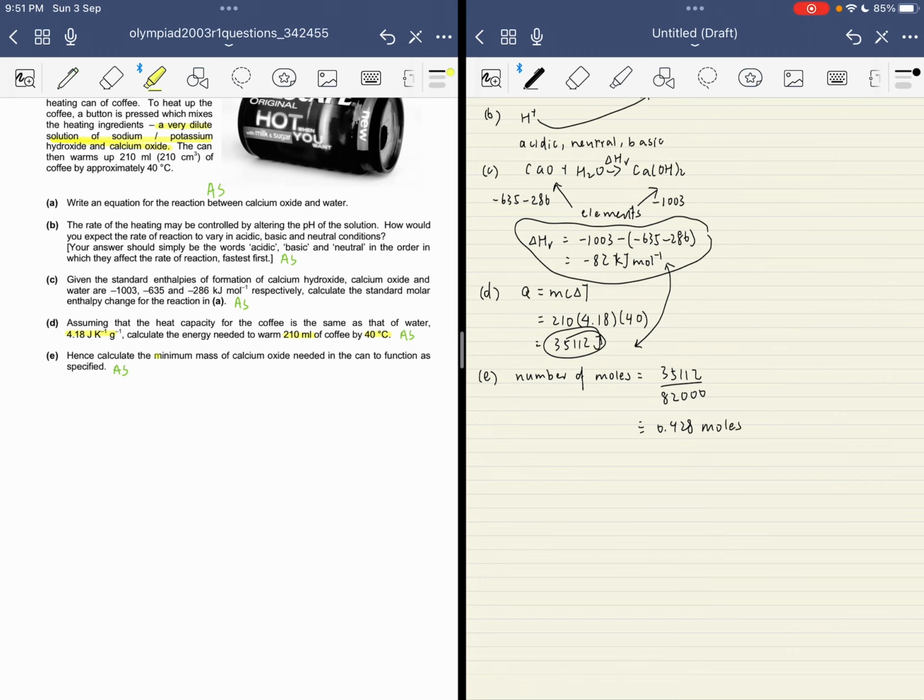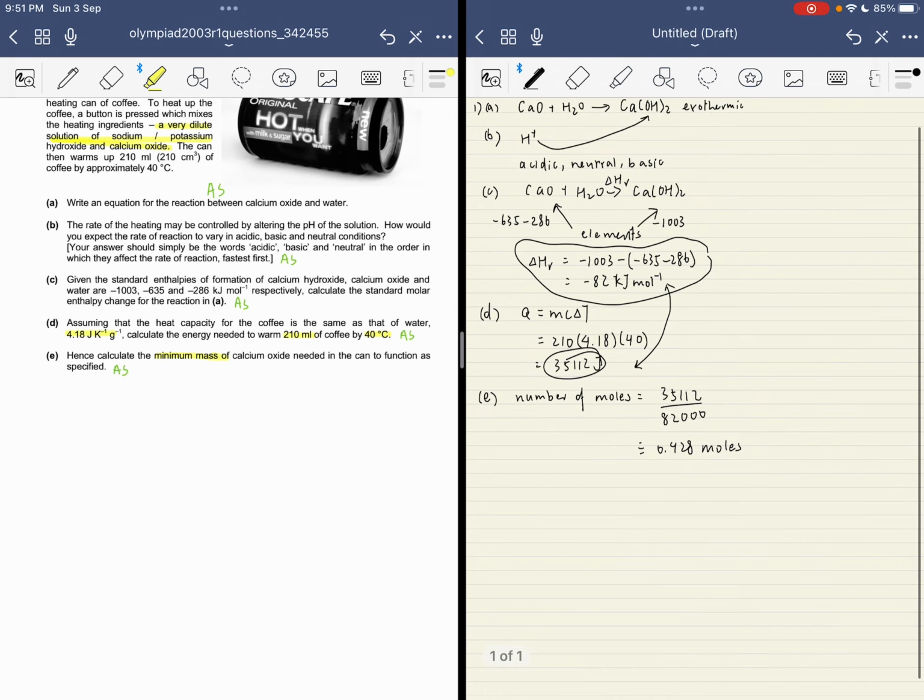But the question is asking for the minimum mass, not the number of moles, so we have to convert it to mass using the formula m equals Mr times n.